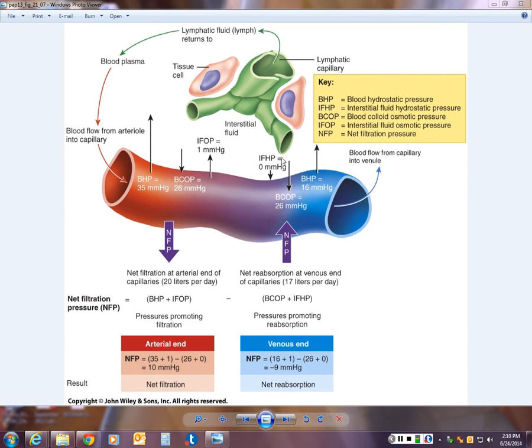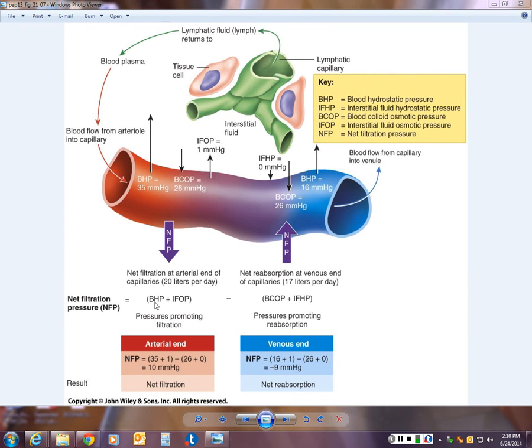The interstitial fluid hydrostatic pressure is usually very close to zero. Remember I told you a few moments ago, hydrostatic pressure tries to make the fluid go away from where it currently is. So since we would be talking about interstitial fluid, we see the direction of the arrow here moving into the vessel. What we do in order to calculate net filtration pressure is summarize all the forces driving filtration and subtract all the forces driving reabsorption.